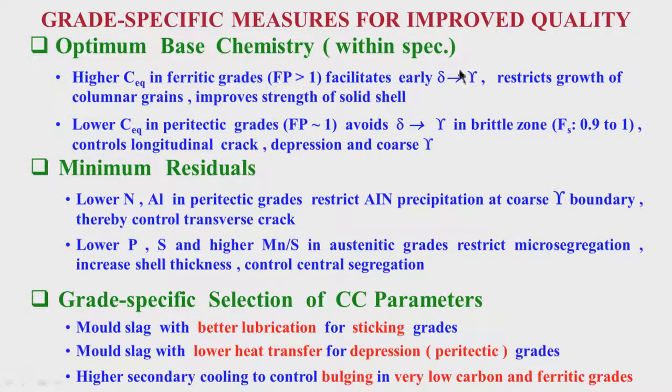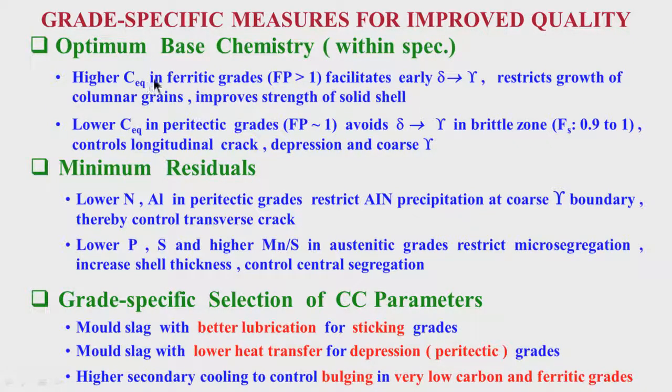That means there is a scope for increase in delta grains, columnar grains of delta. So this delta to gamma transformation in solid state can be brought up. That means the delta to gamma transformation can take place at higher temperature if you slightly increase carbon equivalent.